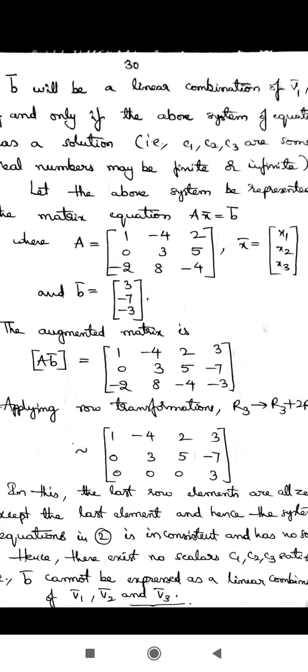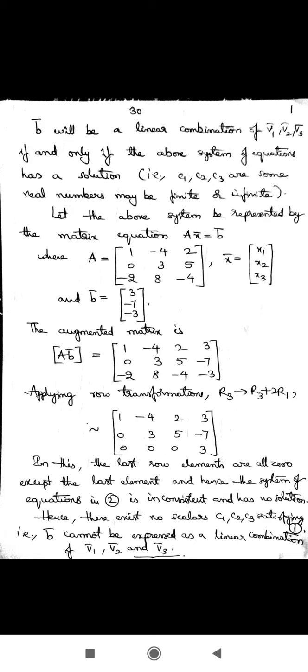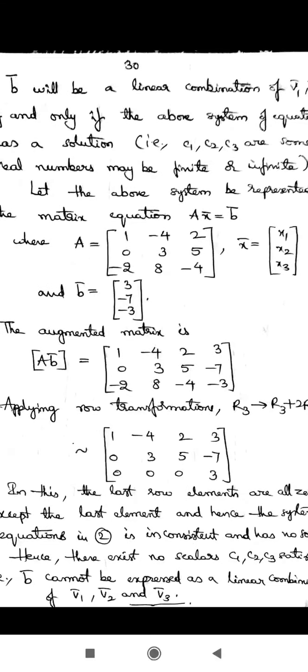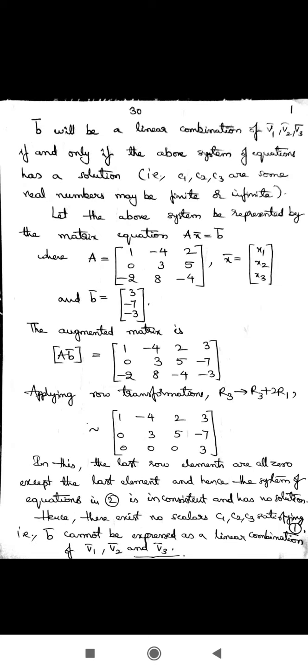From your previous knowledge which you acquired in intermediate, from the topic matrices, we can say that when the last row of the augmented matrix consists of 3 zeros and a non-zero element at the end, then the system of linear equations is inconsistent and has no solution at all.